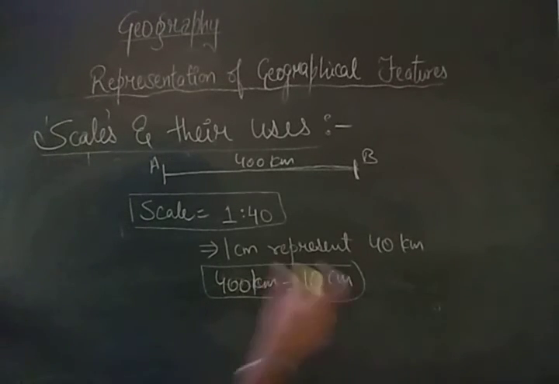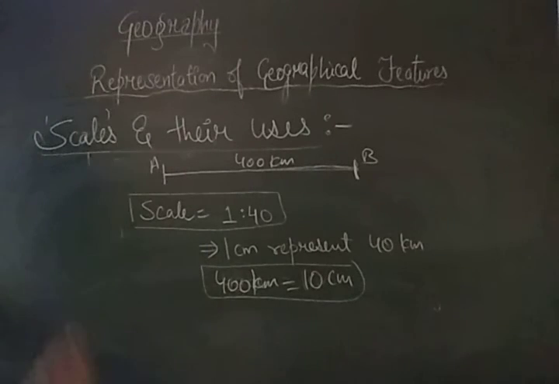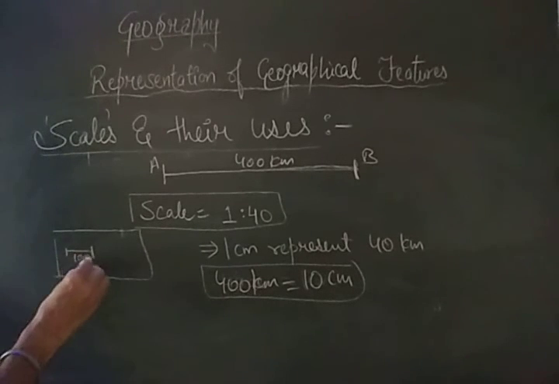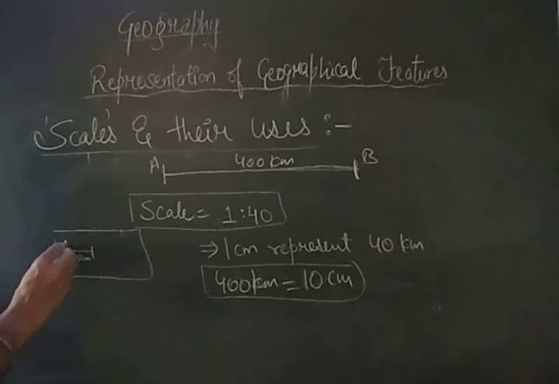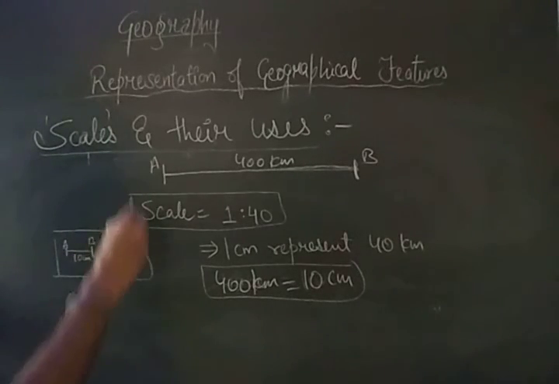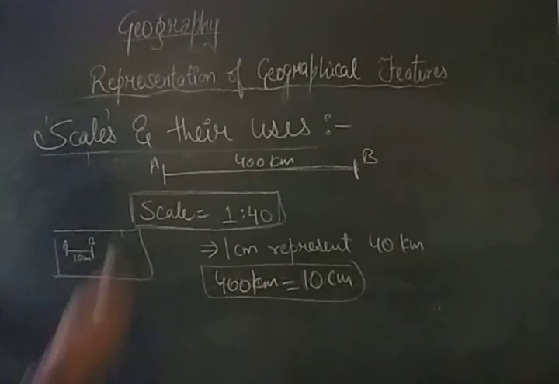Point A and point B would be 10 centimeters apart from each other on the map. So this is what scale tells us.